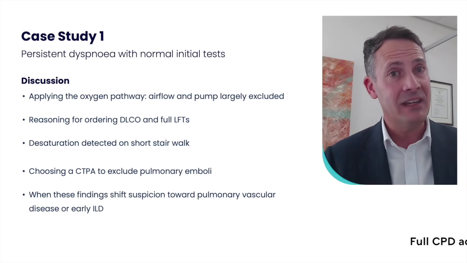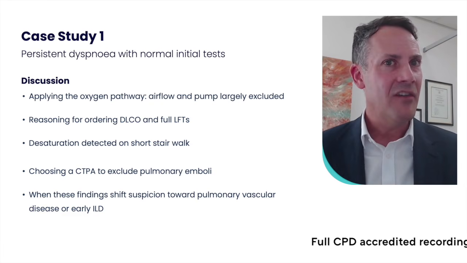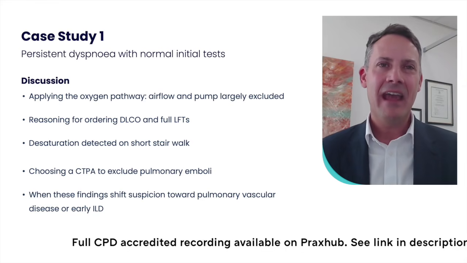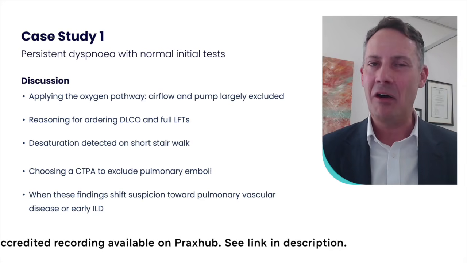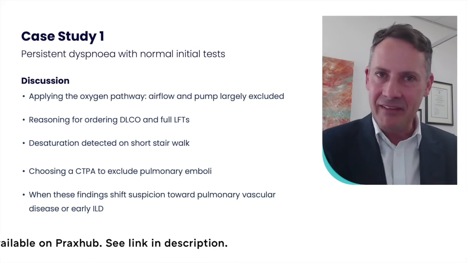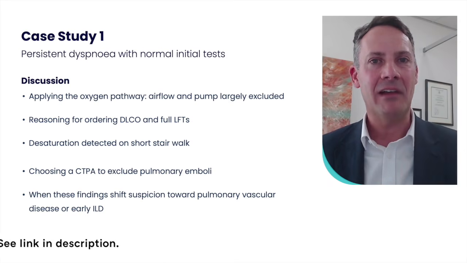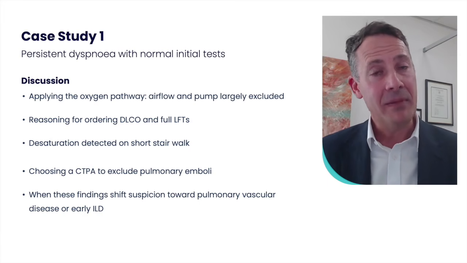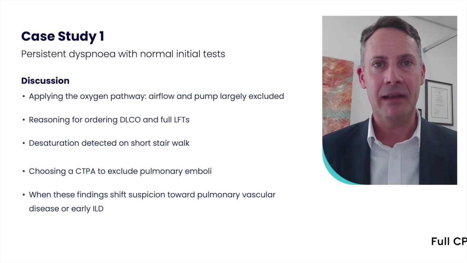Pulmonary hypertension is well known for being difficult to diagnose in early stages. The delay to diagnosis is often 1 to 2 years from the onset of symptoms to when it's eventually diagnosed. So it's hopefully something we can start to think about and pick up these cases a little bit earlier.